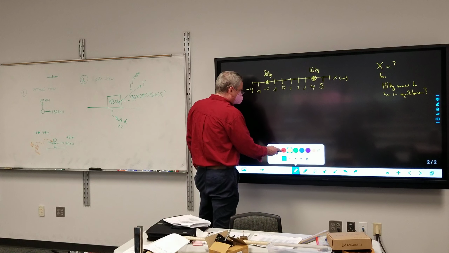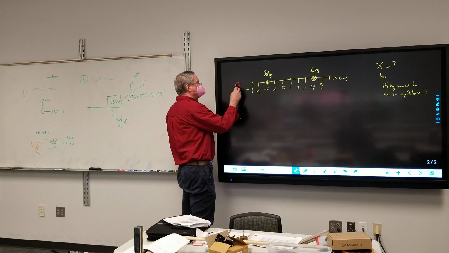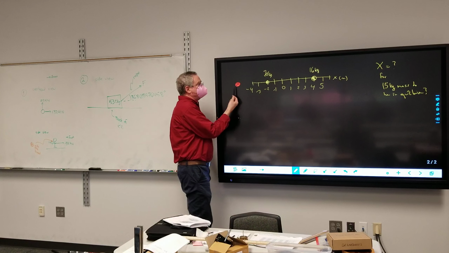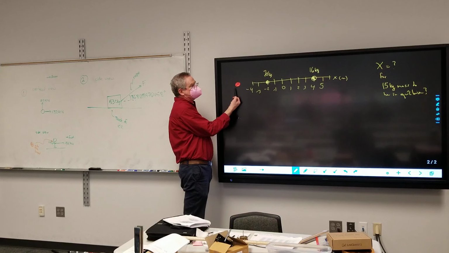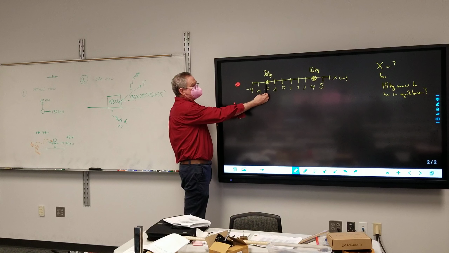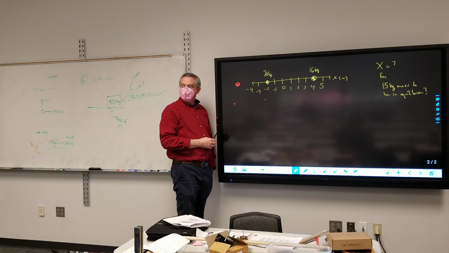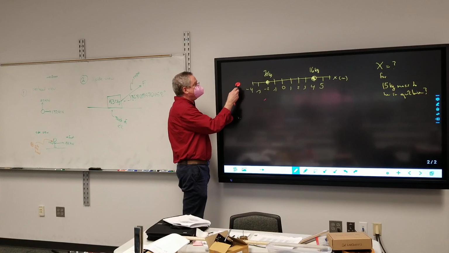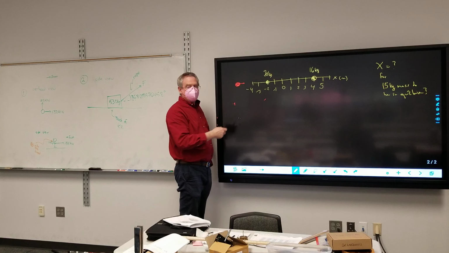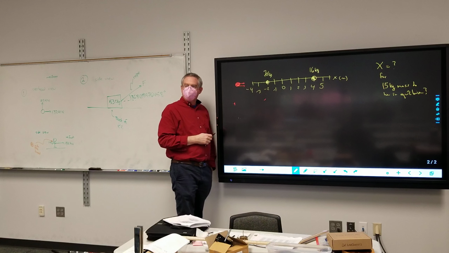So if I take my third object, if I put it here, what's the direction of the force on the red dot in relation to this? Which way is it? Okay. What about in relation to the 16 kilogram? Still. It's attracted to both of them.